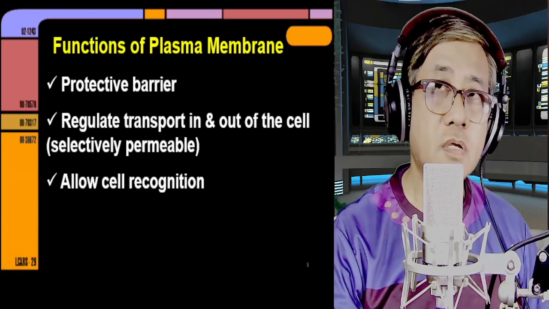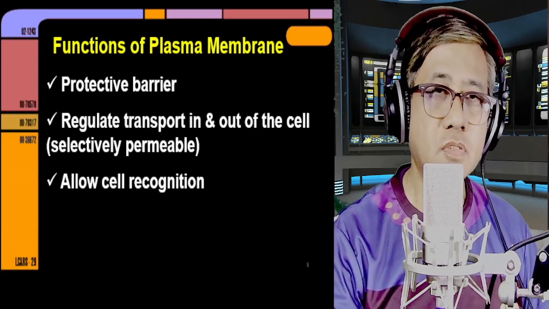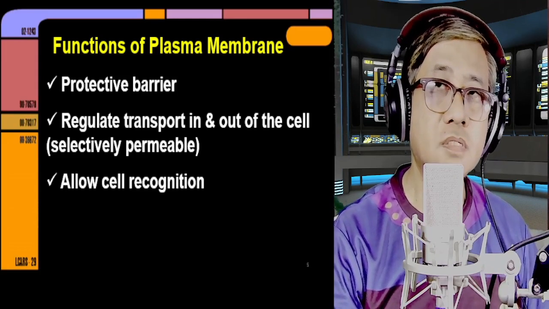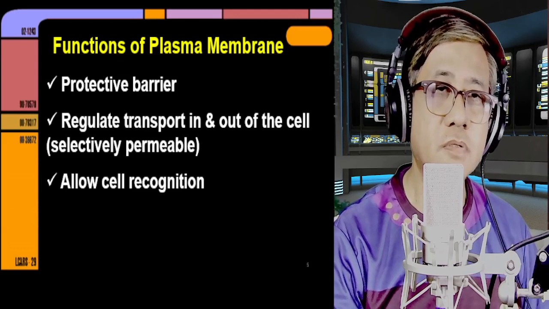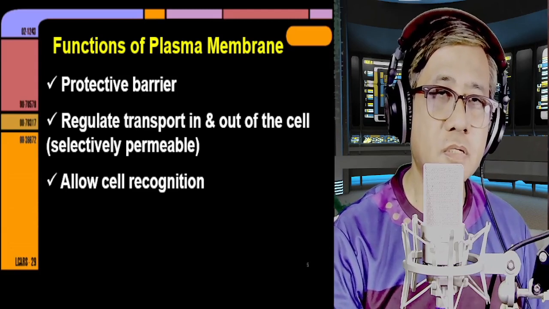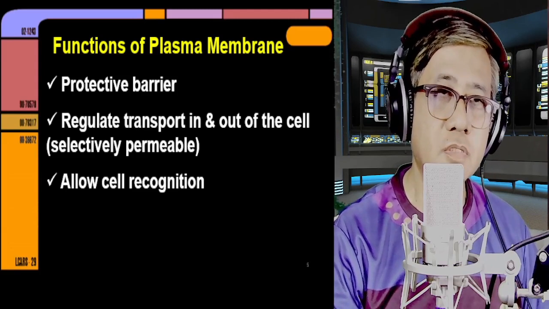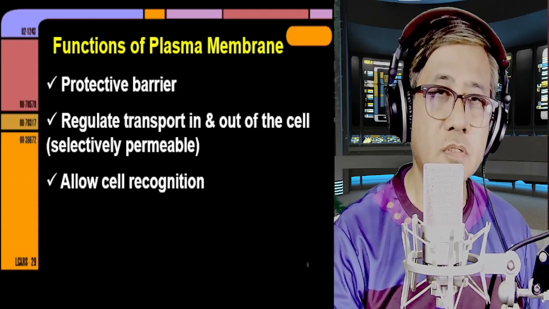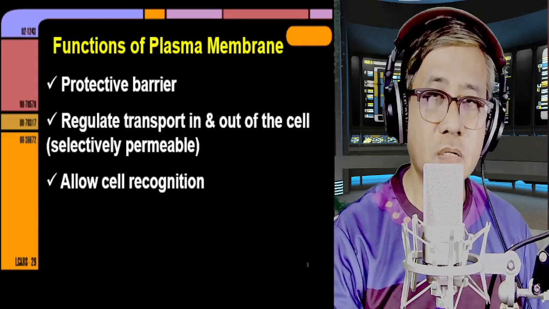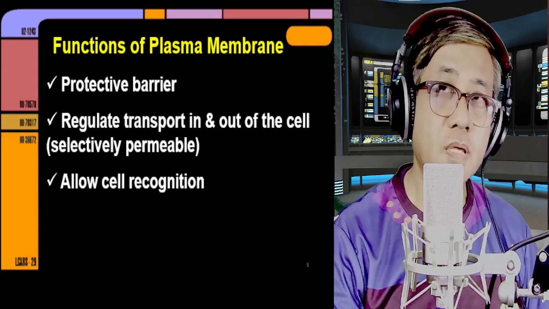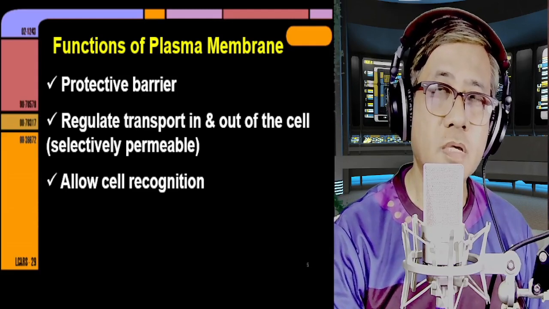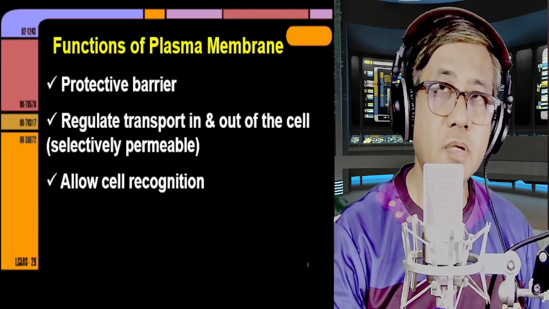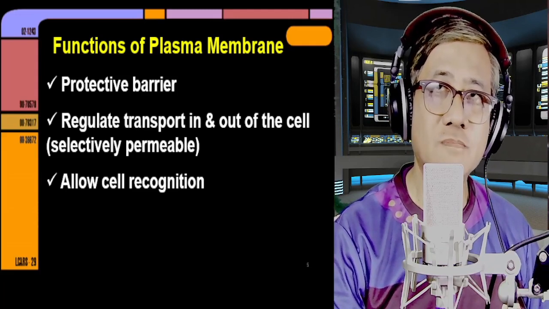It is a critical part of the immune system where several mechanisms help recognize other cells, self-cells as well as foreign materials such as bacteria, viruses, and toxins. So it understands which to protect and which to destroy. So that's what we meant by allowing cell recognition.